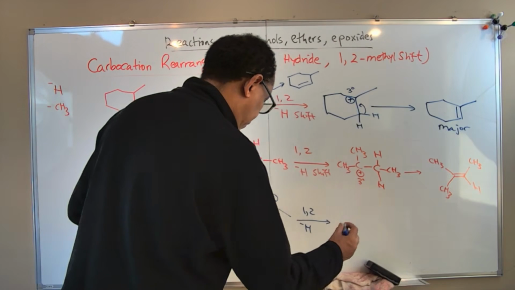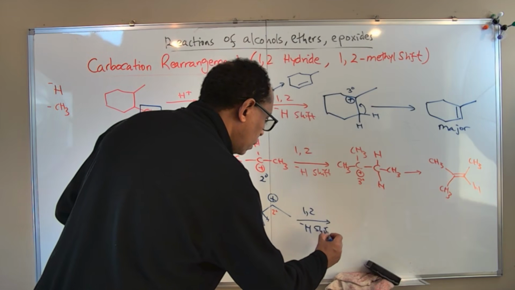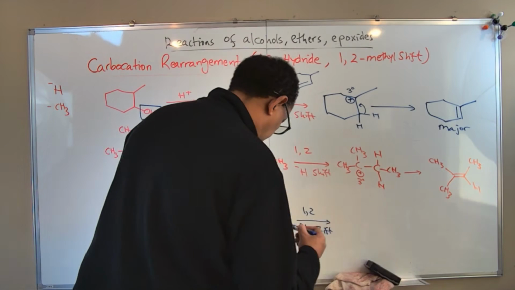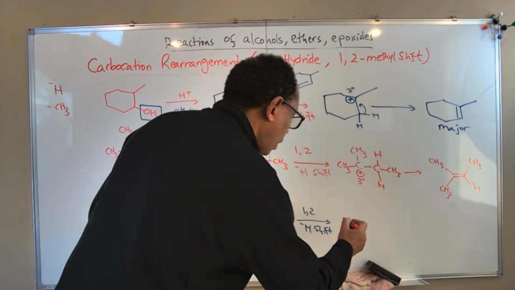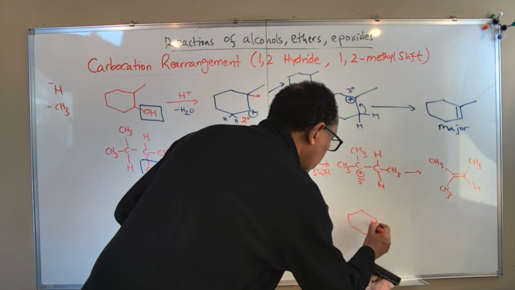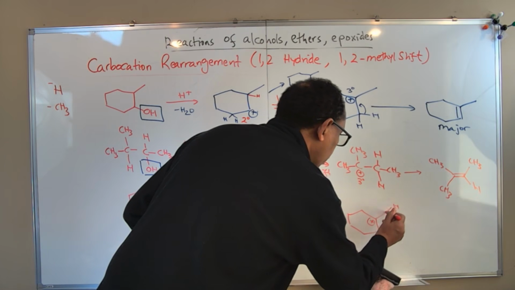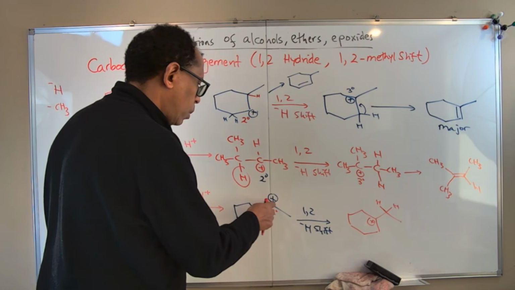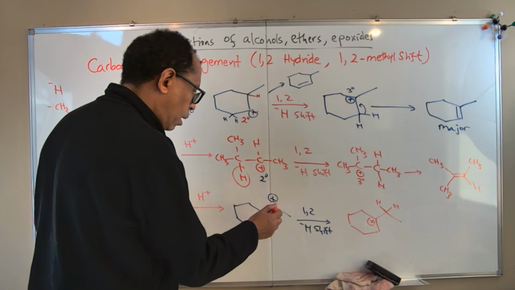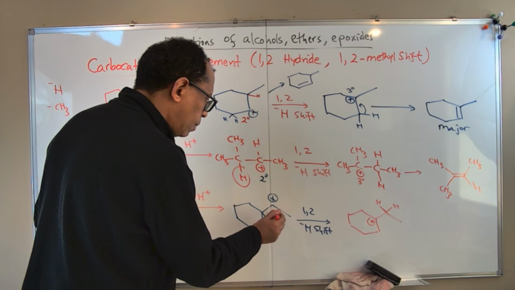One hydride shift would give me this and that, two hydrogens now. Because there was one hydrogen here, one hydrogen is transferred by a hydride shift to this carbon.